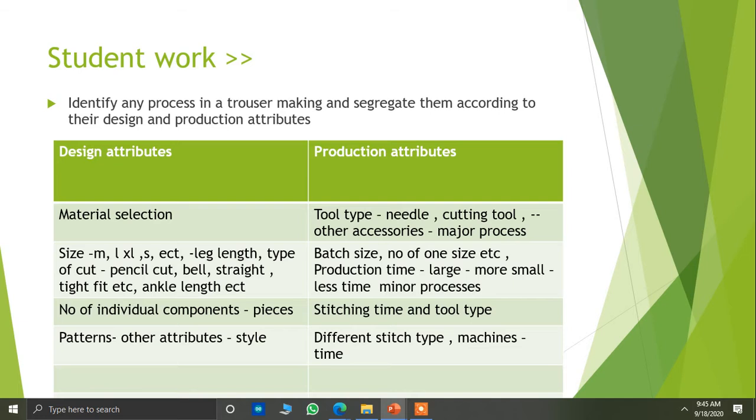So in production attributes, maybe we can include the packaging. Include fabric inspection.